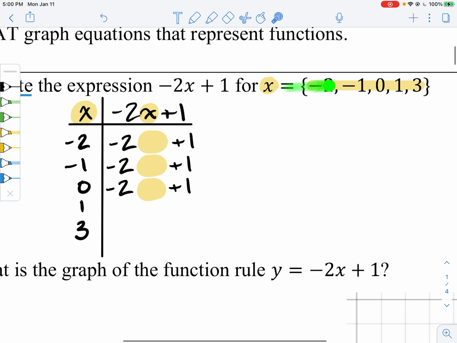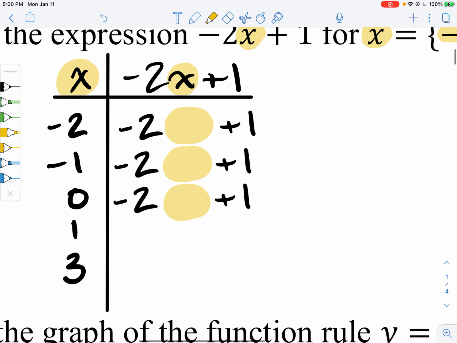First, I listed all the x's here. And then I say, okay, well, negative 2x plus 1, we're going to plug in. We're going to substitute x in for x. So here in our first row, we have x is negative 2. So I'm going to plug in a little negative 2 there. Negative 2 times negative 2 is 4. 4 plus 1 is 5.